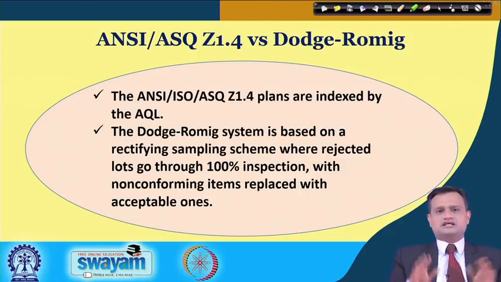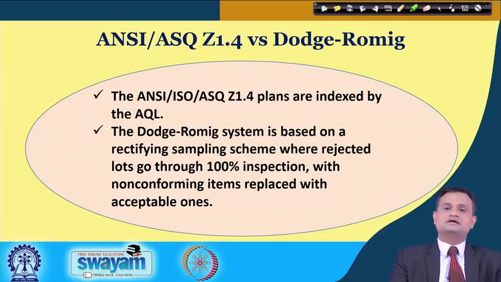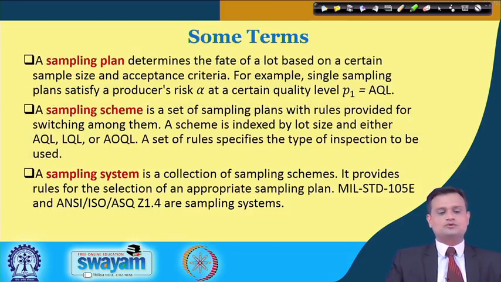If I put it in a very simple way, then ANSI ISO ASQ Z1.4 plans are indexed by AQL, and the Dodge-Romig plan is based on the rectifying sampling scheme, where the entire rejected lot goes through 100% inspection, and nonconforming items are replaced with acceptable ones. So, this is the main difference between these two.